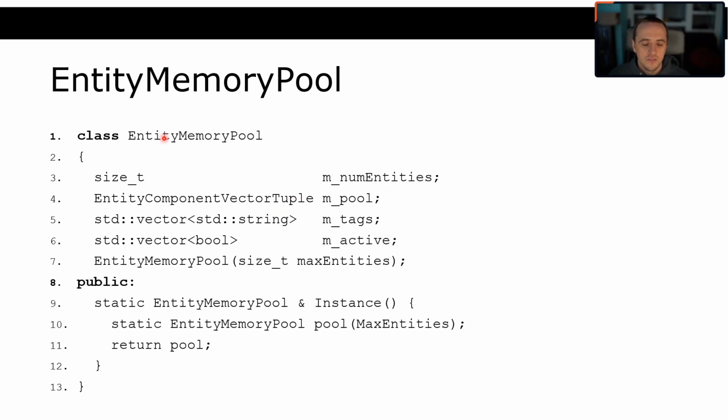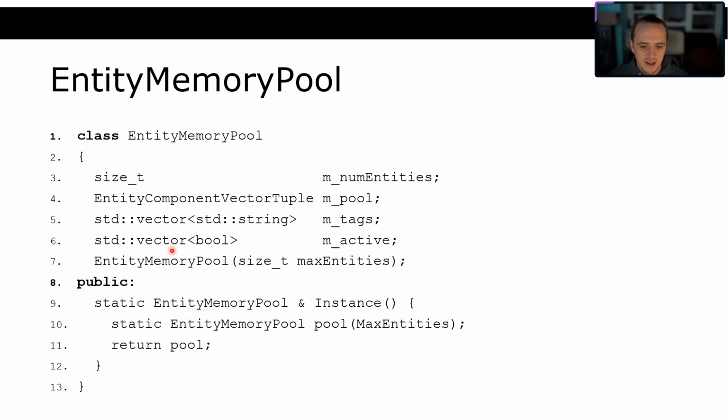So the entity memory pool is going to store the following data. We're going to store the number of entities that we have. That's an important thing to keep track of. We're going to store the entity component vector tuple, and we'll call this the pool. So this is the pool of components. But we're also going to have a vector of strings, which is the memory pool for the tags. And we're going to have a standard vector Boolean, which is the memory pool for the Booleans of whether or not things are active.